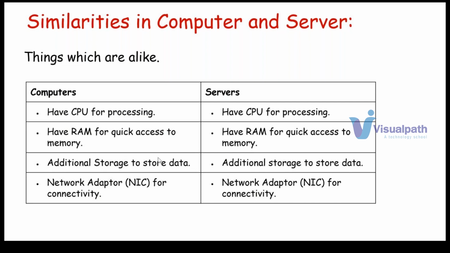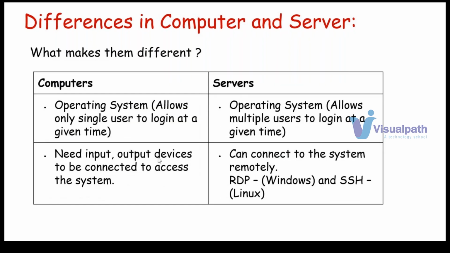Then what are the dissimilarities? If you go next, the first difference is that the operating system allows only a single user to log in at a given time. Okay, what does it mean? Suppose you have a laptop or a desktop in your home. Only one person can log in at a time and do his work.